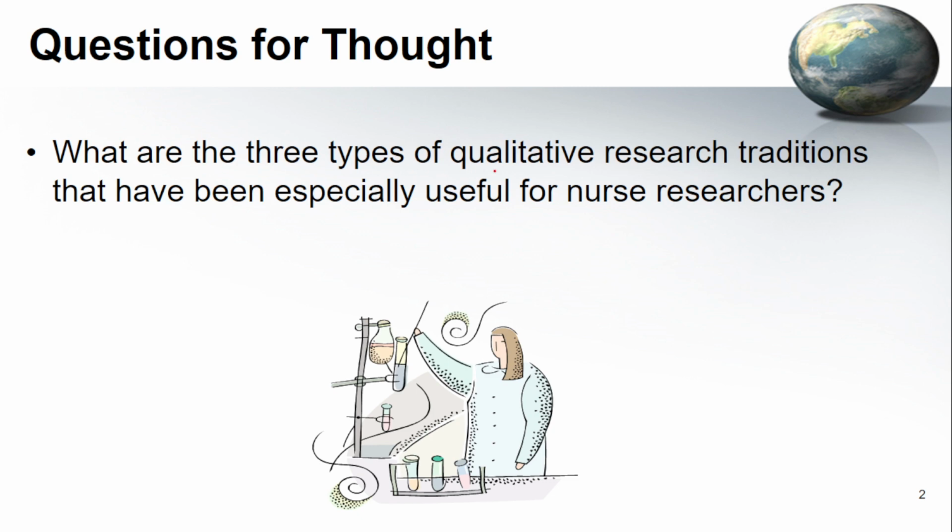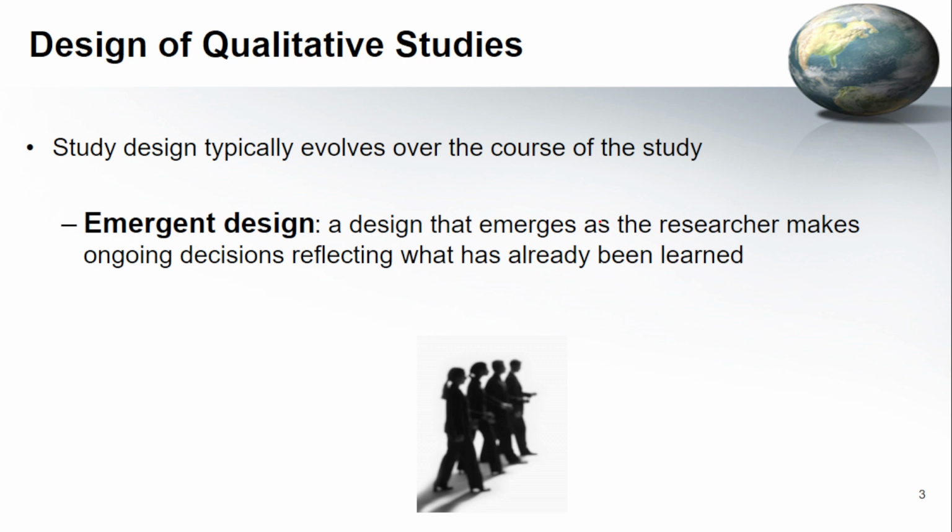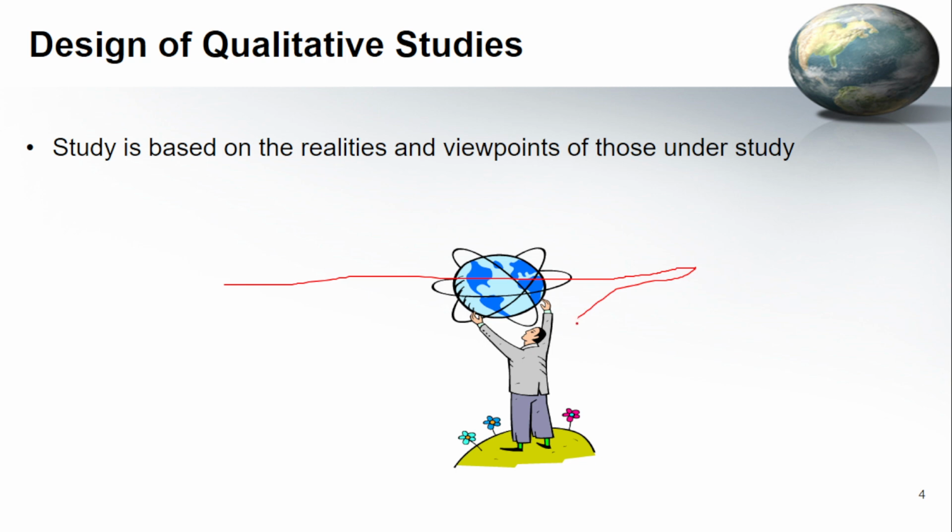What are the three types of qualitative research traditions that are especially useful for nursing, for business, for education, and other disciplines? The design of a qualitative study typically evolves over the course of the study. Emerging design means the researcher makes ongoing decisions reflecting what he has already learned. So what has already been learned is about the emerging design.